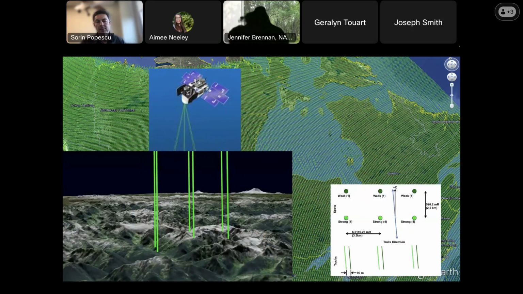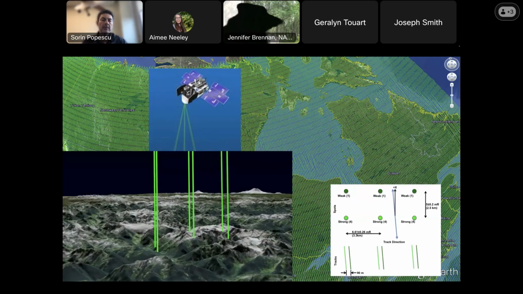The way ICESat-2 collects data is pretty important to understand, since it's different than other traditional imaging spaceborne sensors. It's by using 3 pairs of beams that are spaced about 3 kilometers apart.